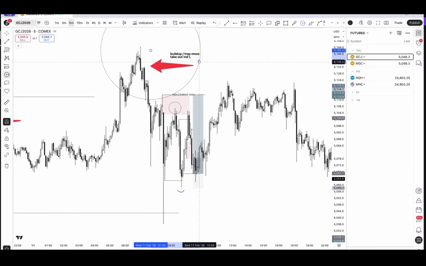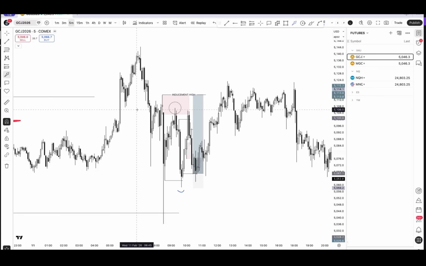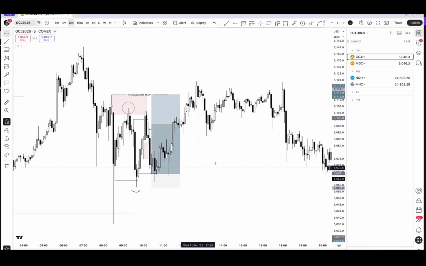Price did not react off of any areas here, induce sellers, and then give us reason to target it. But it did that here. Since it did that here, there's no reason to target anything else above at this moment. So price takes that high.